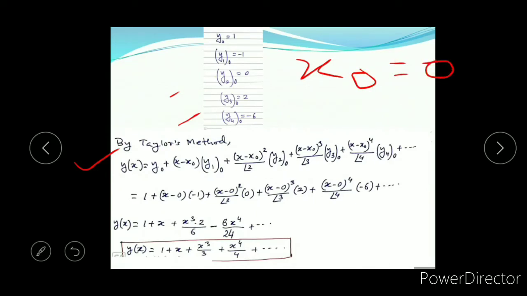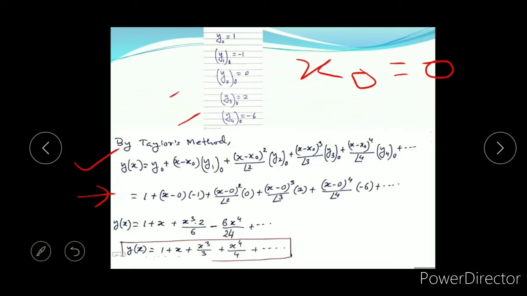We are getting this thing, that is y(x) equals 1 plus (x minus 0) into minus 1 plus (x minus 0) whole square by factorial 2 into 0, again (x minus 0) whole cube by factorial 3 into 2 plus (x minus 0) whole to the power 4 divided by 4 factorial into minus 6.